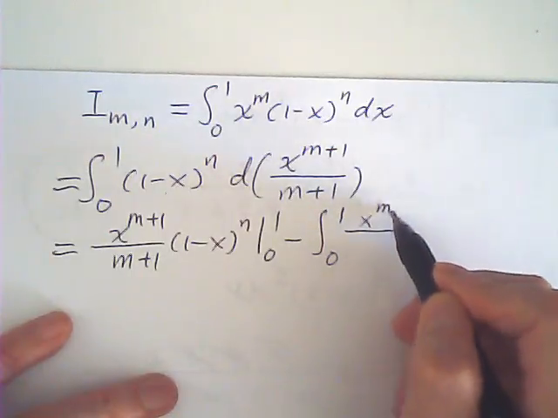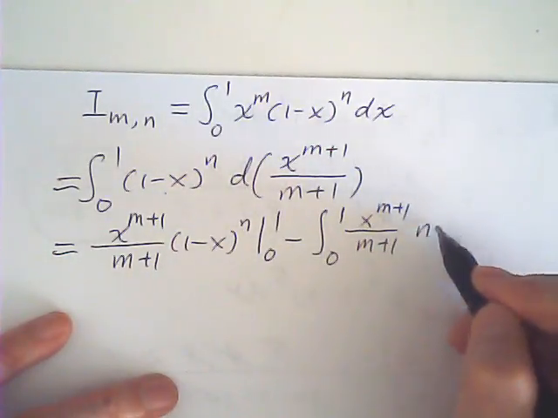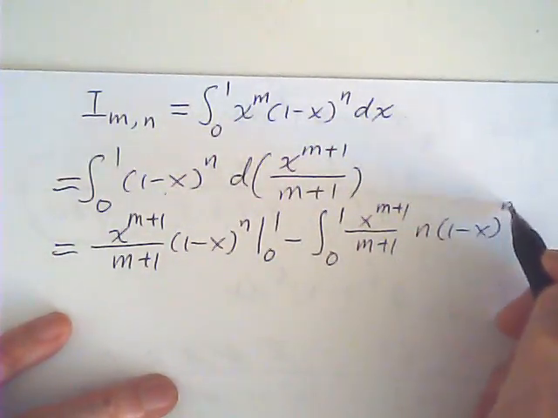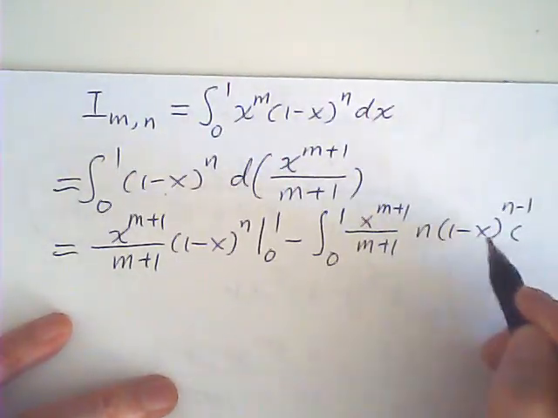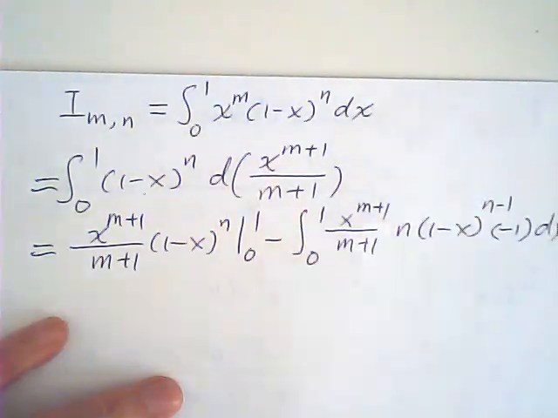This is v. And du is n times (1 - x)^(n-1) times the derivative of negative x, which is negative 1, and the dx.